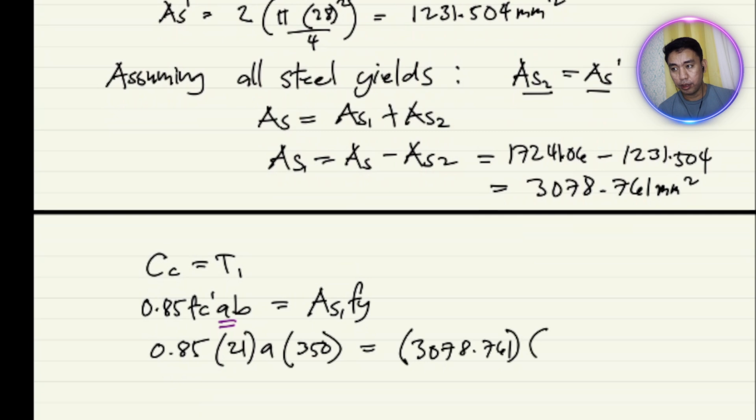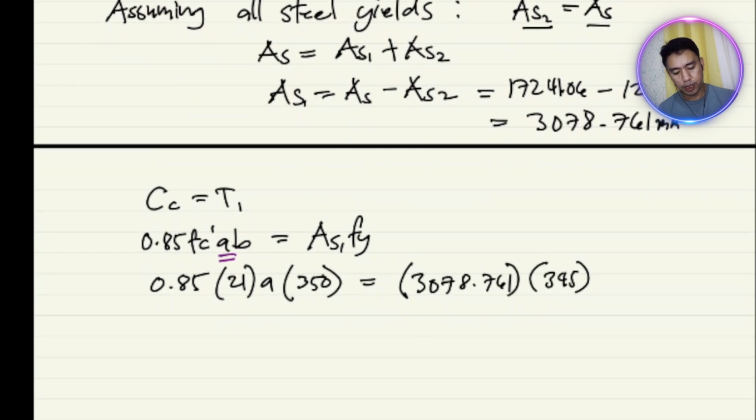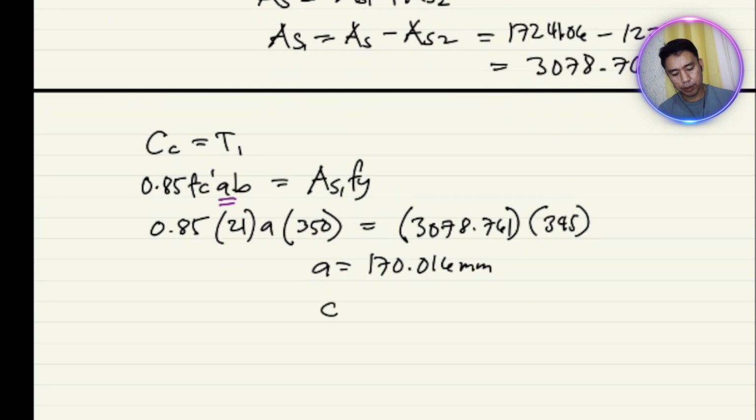Okay, so we have 345. Then we'll solve the A. A here is 170.016 mm. Now, once we solve the A, we can solve the C, right? We have the equation A is equal to beta 1 C, right?